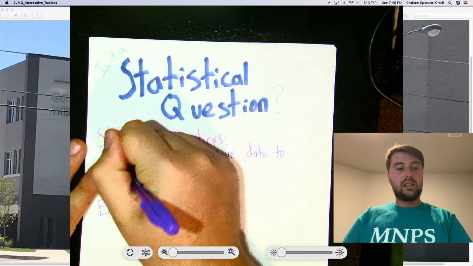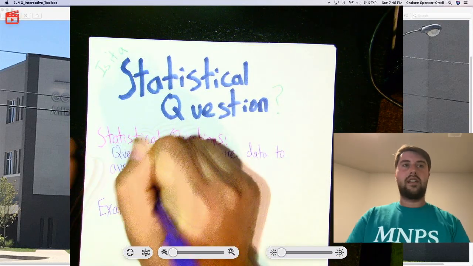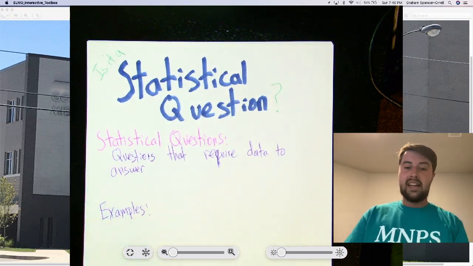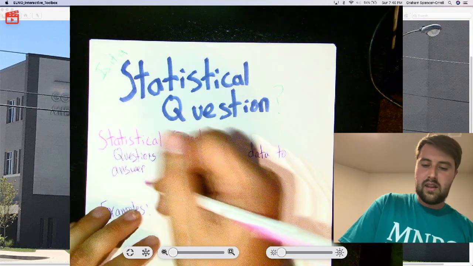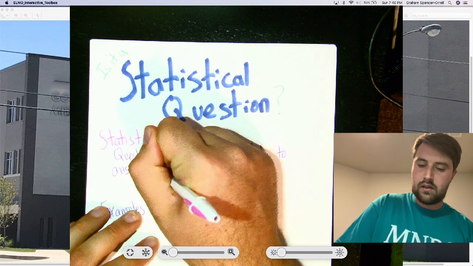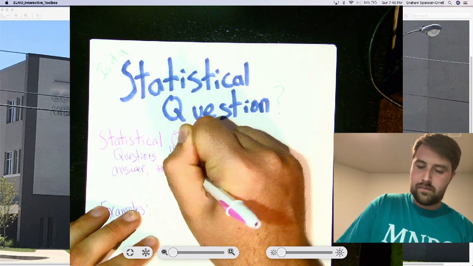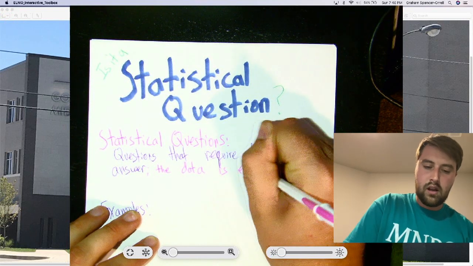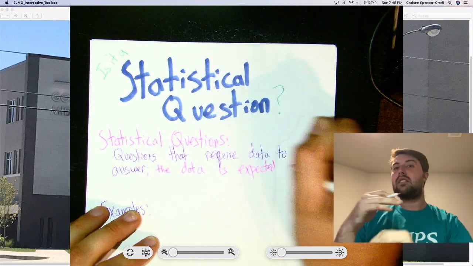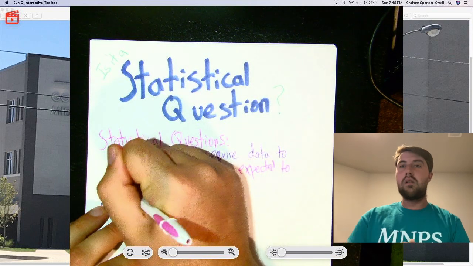And then we also want to say, hey, these statistical questions, the answer or the data is expected to vary. So the data is expected to vary. What that means is when you ask this question to different people, you won't always get the same answer.